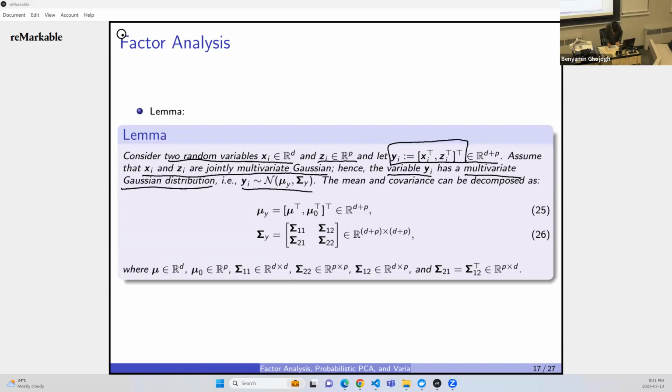So here I have three variables, Xi, Zi, Yi. What is the relation of the means and covariances of Xi and Zi with the mean and covariance of Yi? The mean and covariance can be decomposed in this way.